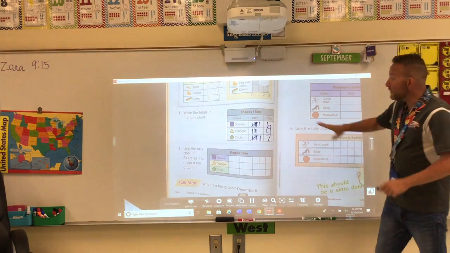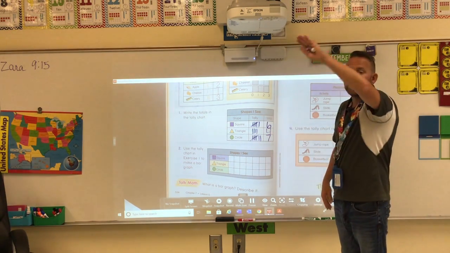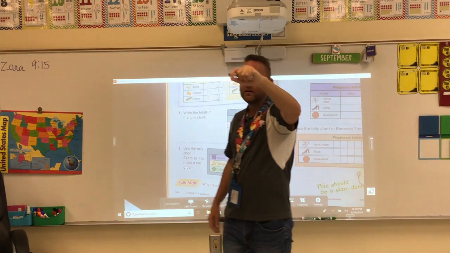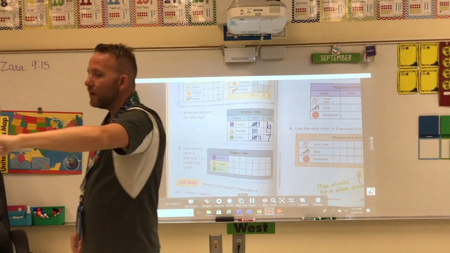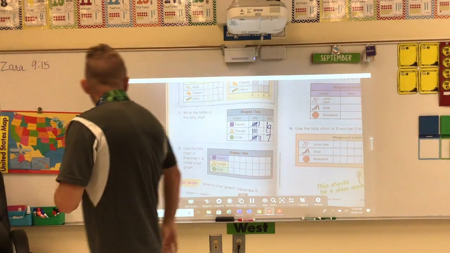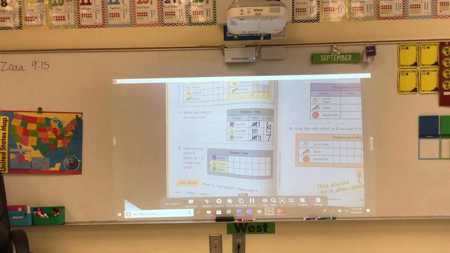Okay, we have now created our tally graph with our totals, right? So now you can put your pencil back in your pencil tray on top of your desk in your blue pencil tray. Thank you. You need to get out 3 crayons. Now, what I do in first grade is I do not tell you what colors you need.